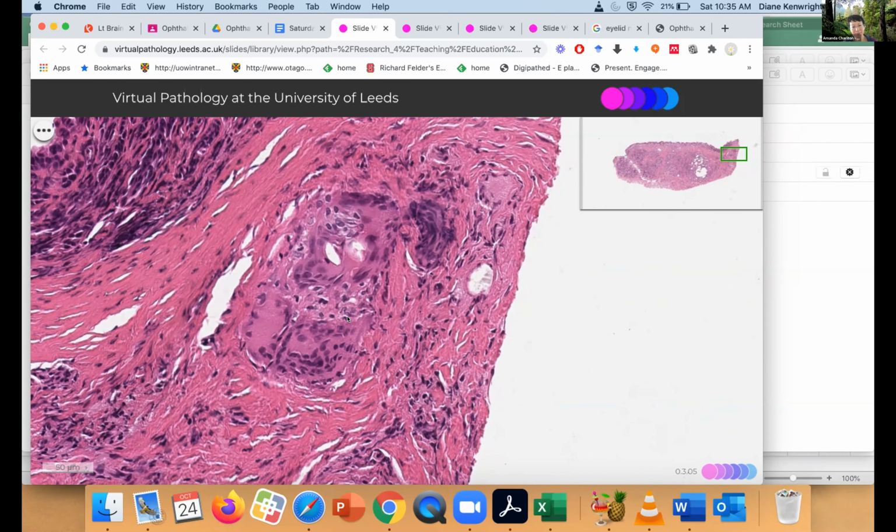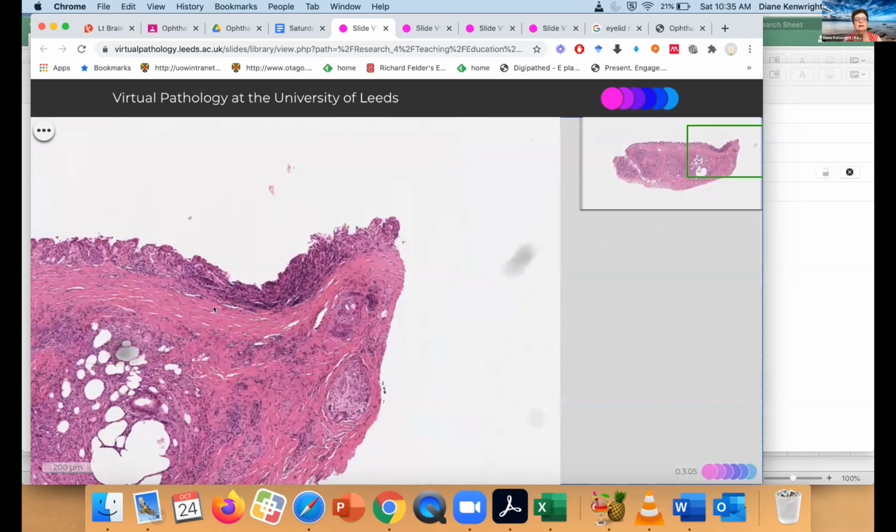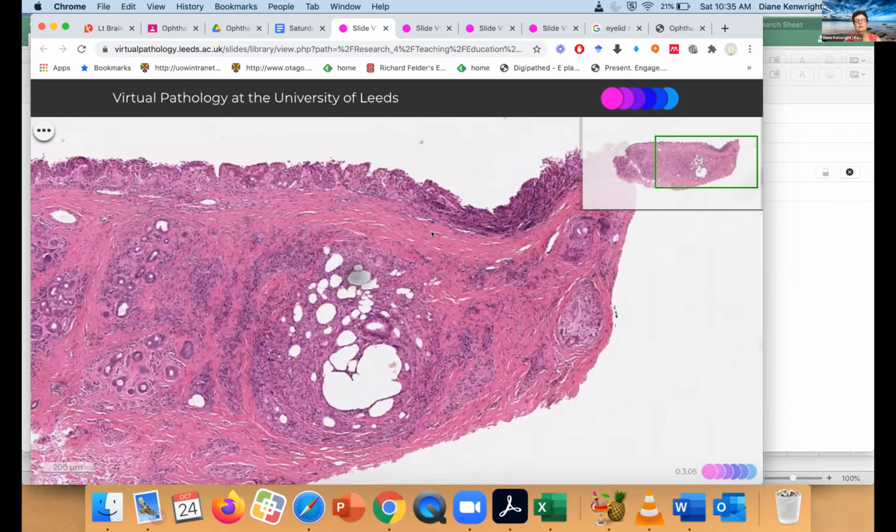Lipogranuloma. And the most important thing is not to confuse it between granulation tissue and pyogenic granuloma. Is everybody clear on the difference between those? They are confusing. Tell me if you're not. Right, the chat is quiet.